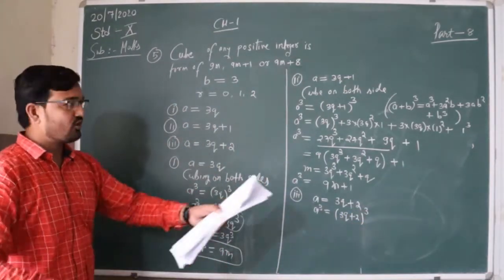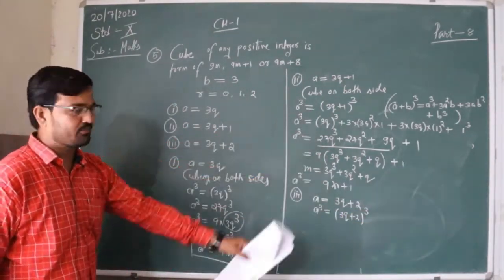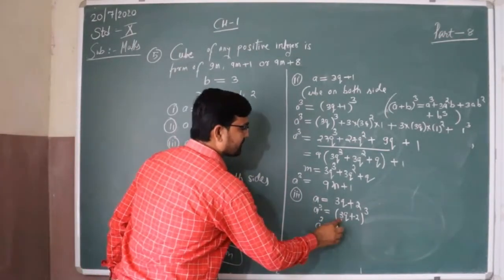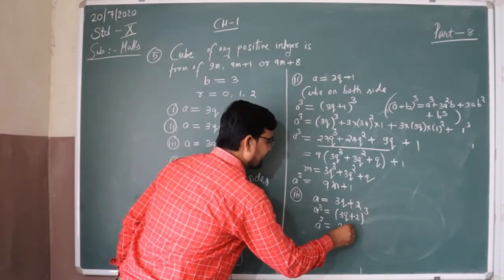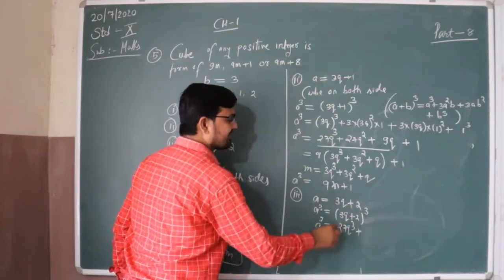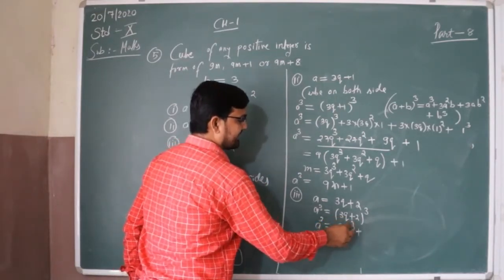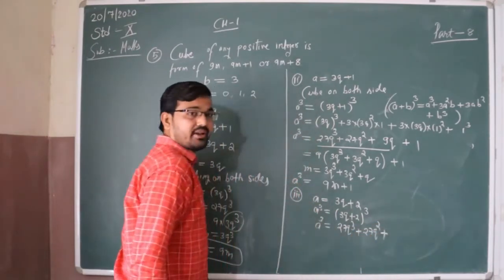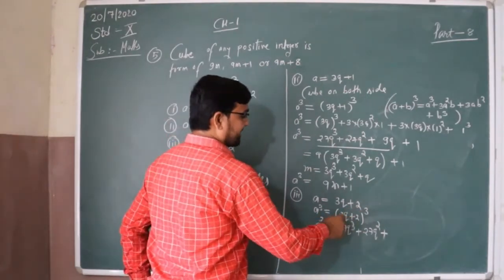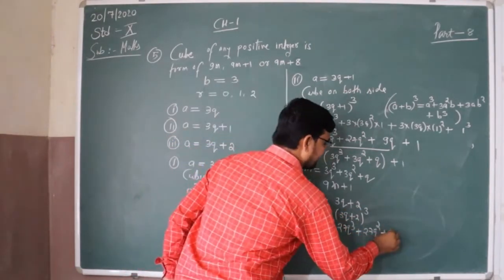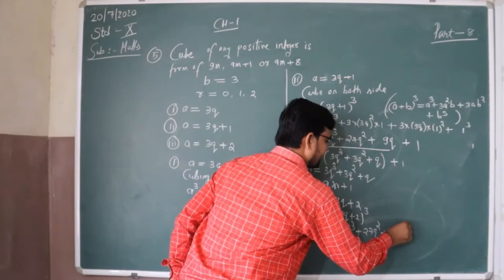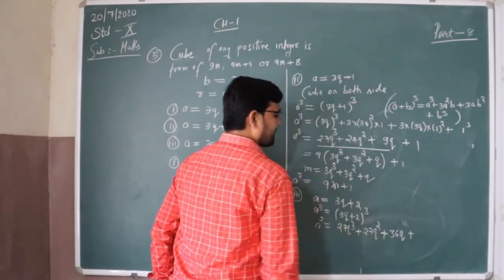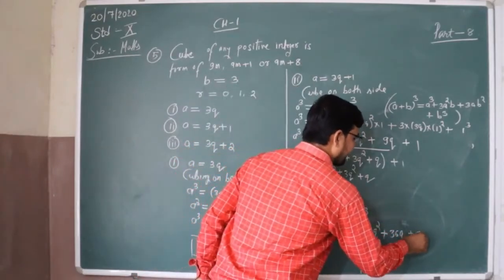Now I am not going to write the formula again; you can see on the board the formula is written. a cube is equal to 27q cube plus 3 into square of 3q, 9 times 2 is 18, so 27q square, plus 3ab square, means 3 times 3 is 9, 9 times 4 is 36q, plus 2 cube is 8.